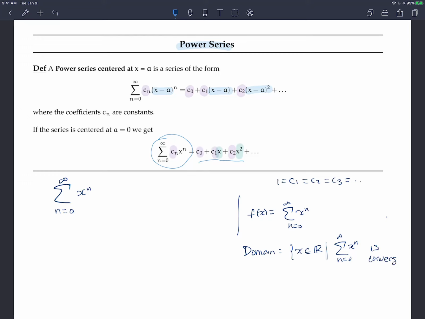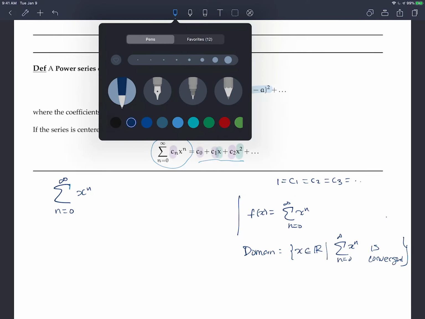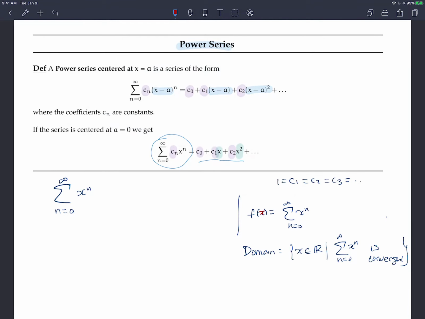Because once you plug in an x in this function, you're going to have a fixed value of x in here, and that's going to give you a geometric series. So that series is going to be convergent or not.